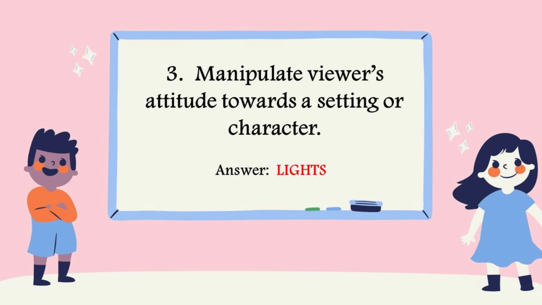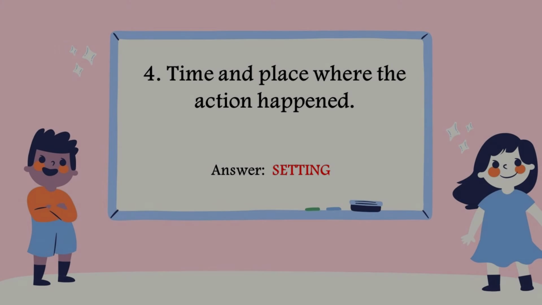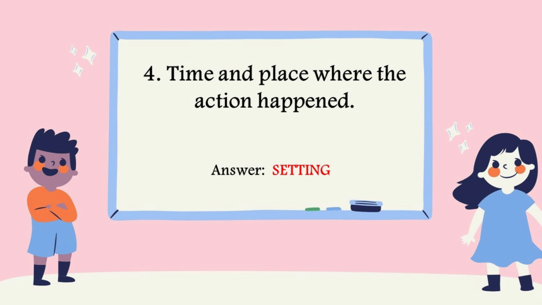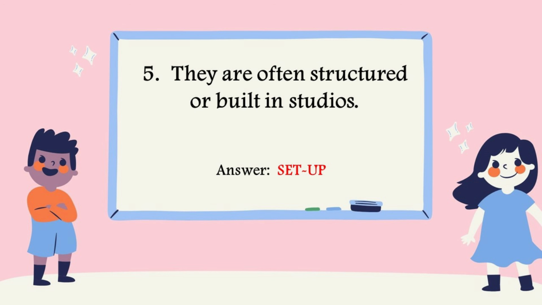The answer is letter E, lights. Number 4, time and place where the action happened. The answer is letter A, setting. And number 5, they are often structured and built in studios. The answer is letter D, setup. Did you get a perfect score? Very good, grade 6.